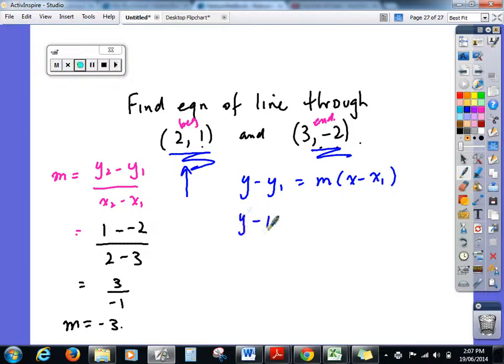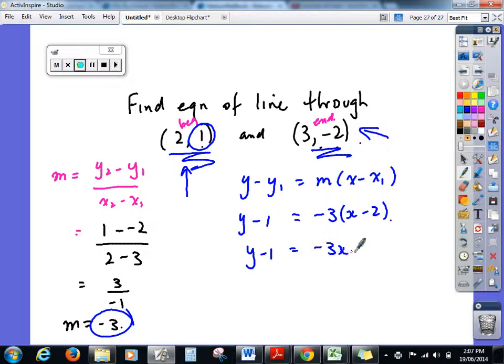So y minus 1, because there's the y1. And the gradient we found over here as -3. And it's x minus 2. Okay. It wouldn't matter if I had used this point, we'll get the same answer when I multiply it all out. So you get y minus 1 equals -3x plus 6, or y equals -3x plus 5.